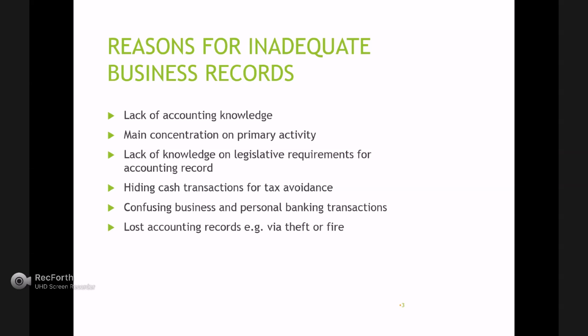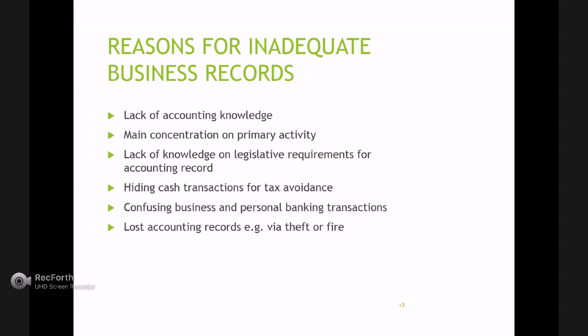incomplete record. Maintaining concentration on the primary activity: the main concentration is on the primary activity, so they just enter the primary activity. They did not transfer the transactions into the books of accounts or any other ledgers. Next, lack of knowledge of legislative requirements for accounting.